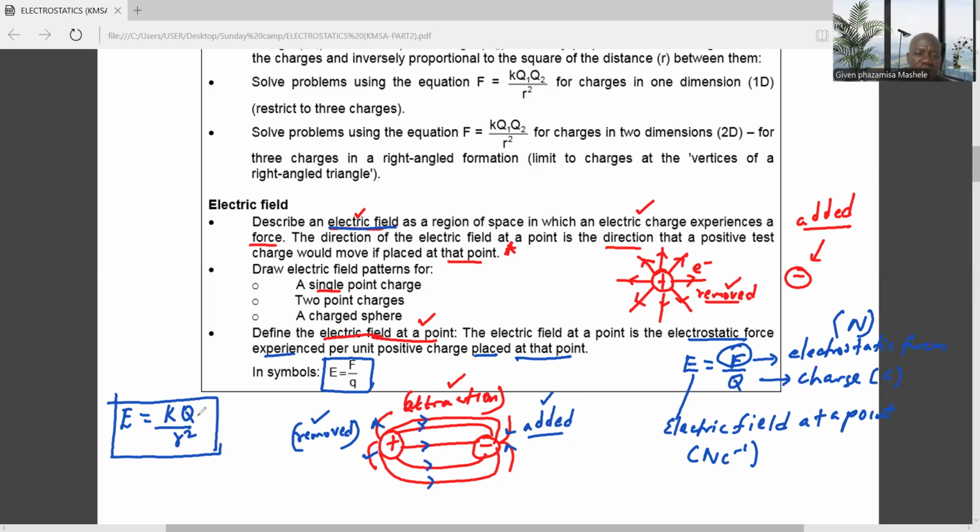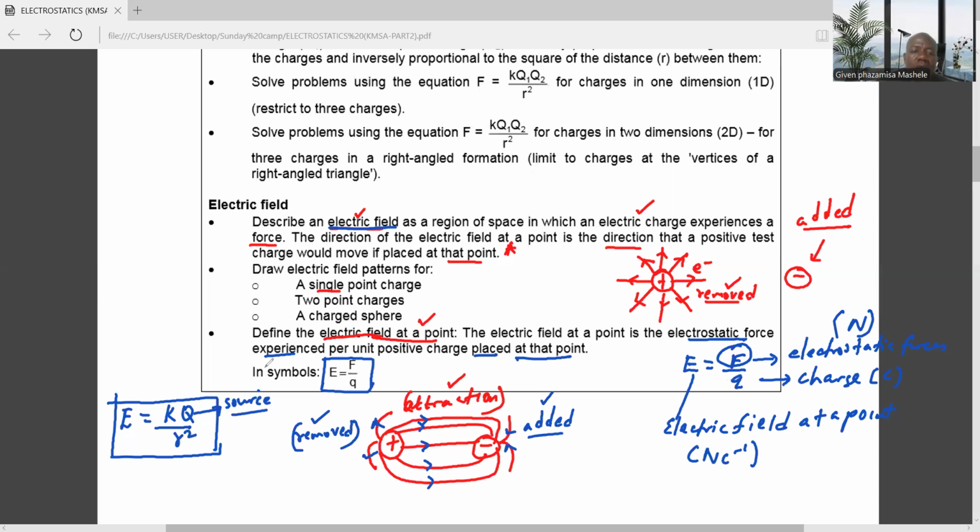It means this is the source charge. It is the charge that is actually producing the electric field lines. Let me use a small letter q here, I apologize, guys. So it's force divided by q, and this q is the test charge. We usually call it a test charge.